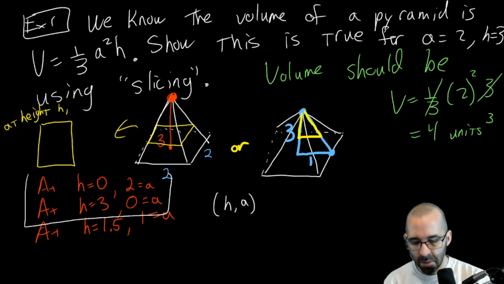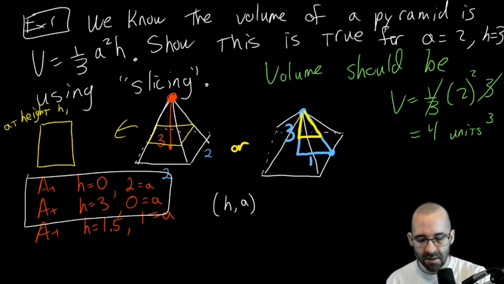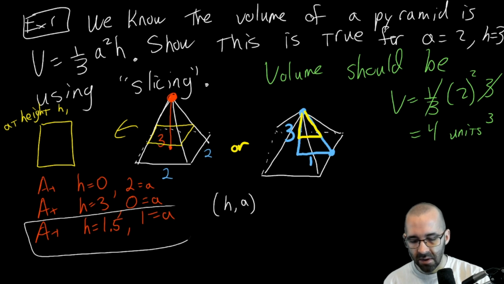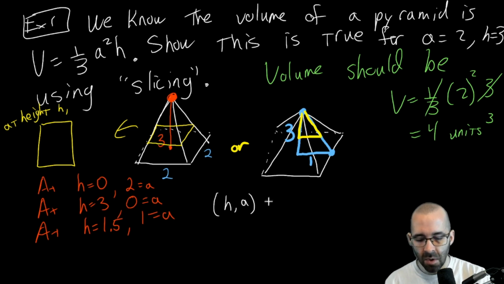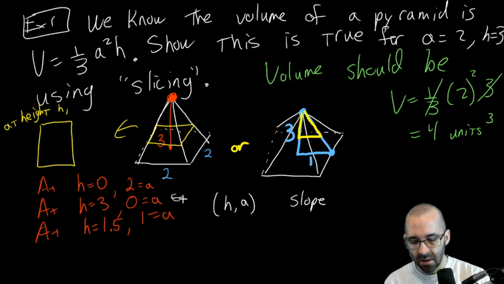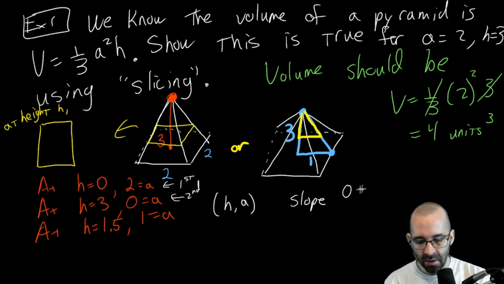So let's just pick 2 points. In this case, the change in a, we'll choose this point as our second and this point as our first. So the change in a is 0 minus 2 divided by 3 minus 0, or in other words, negative 2/3.